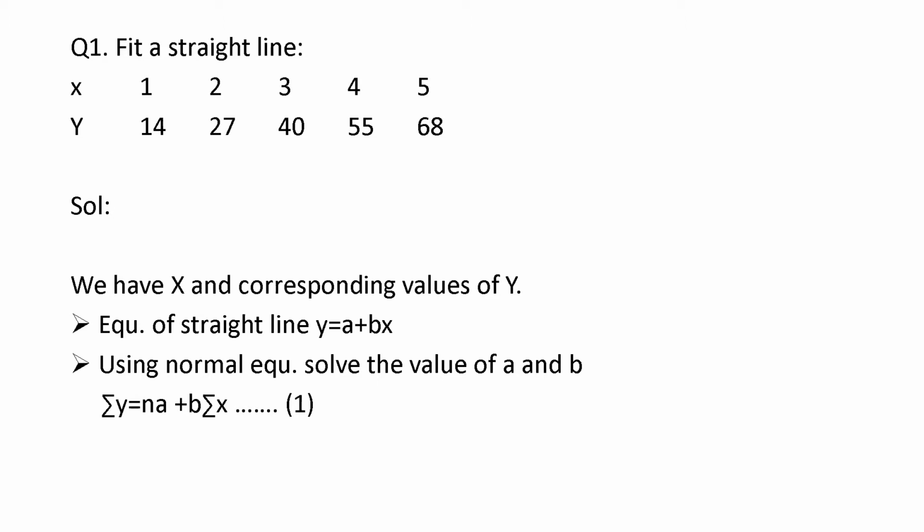Sigma y = na + b sigma x, that is equation 1. The second equation is sigma xy = a sigma x + b sigma x square. These two equations we have to learn, because with the help of these normal equations only we can get the values for a and b.